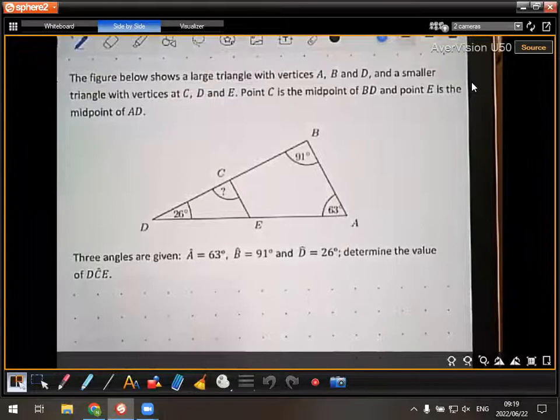And then, guys, if you're drawing this picture, you don't have to write this section here where they're saying three angles are given, you can just read it all. But the question is, they want us to find the value of angle DCE.